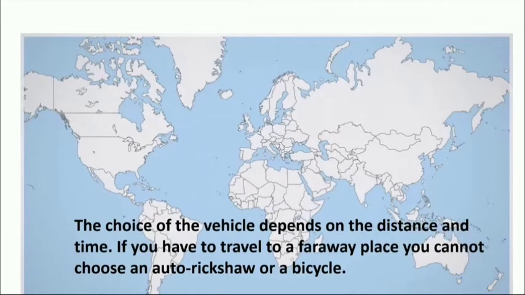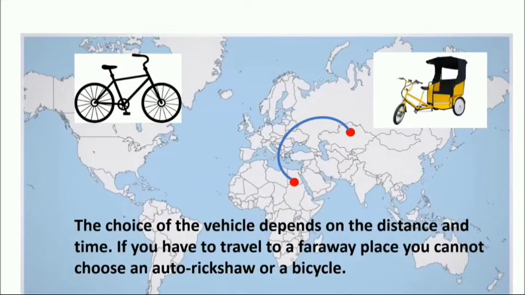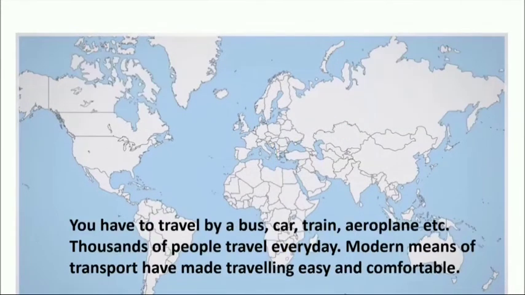The choice of the vehicle depends on the distance and time. If you have to travel to a faraway place, you cannot choose an auto rickshaw or a bicycle. You have to travel by a bus, car, train, aeroplane, etc. Thousands of people travel every day. Modern means of transport have made traveling easy and comfortable.